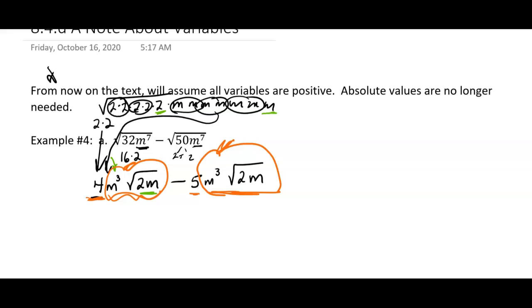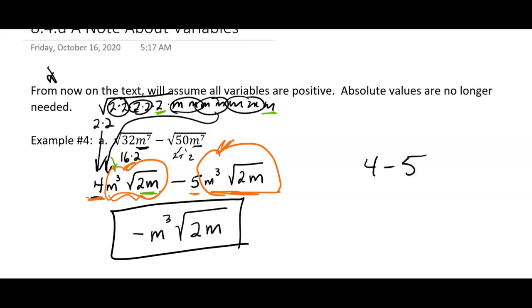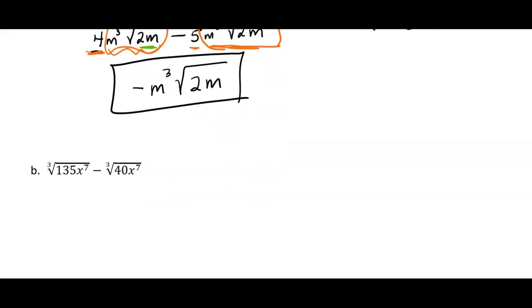So what's 4 minus 5? Really what we're thinking is, what's 4 minus 5? It's negative 1. A lot of our coefficients have been negative 1. We'll just write negative m cubed times the square root of 2m, and we're done with that one.